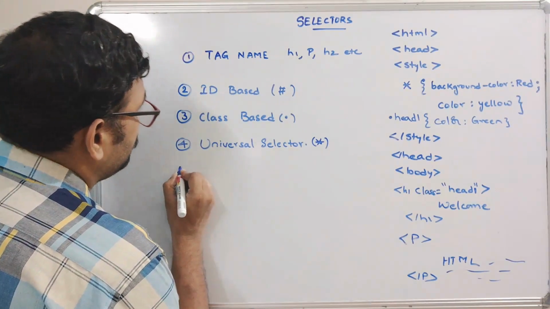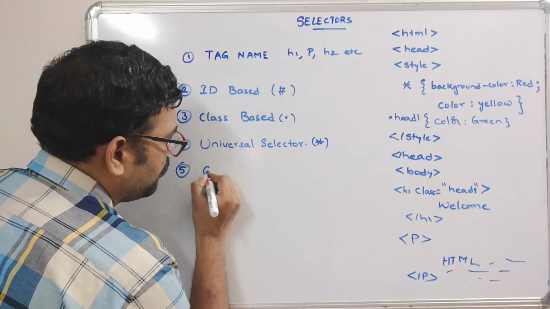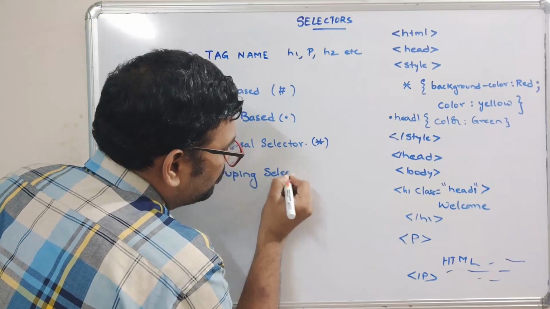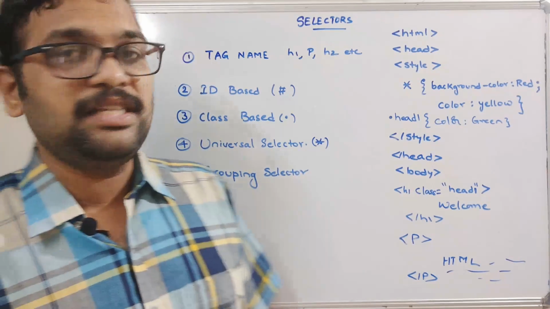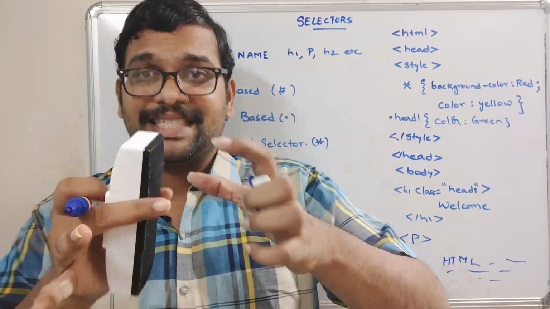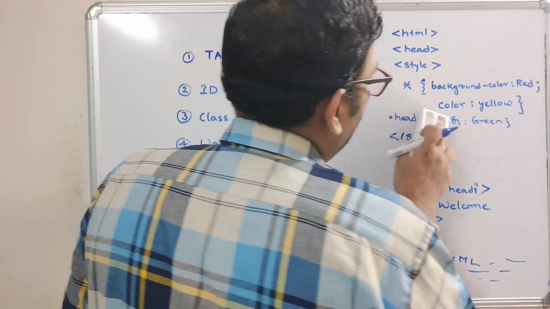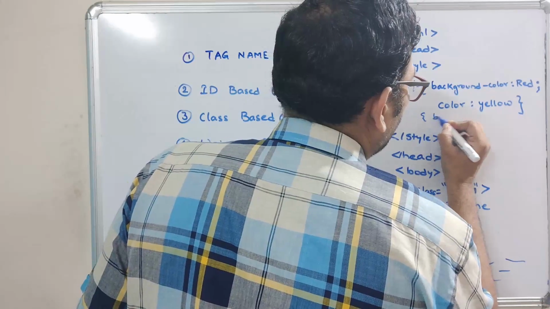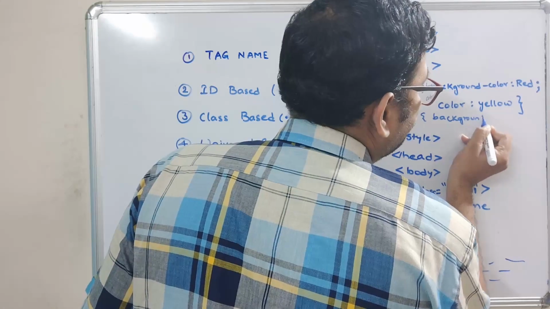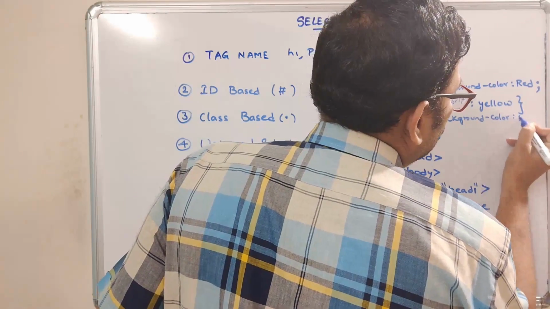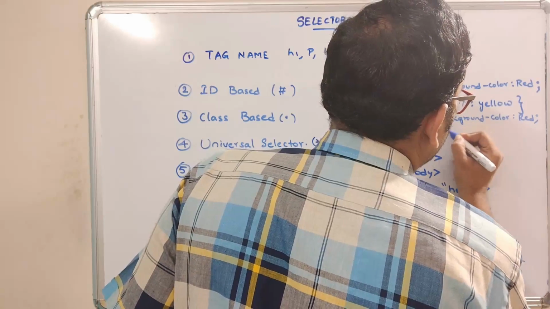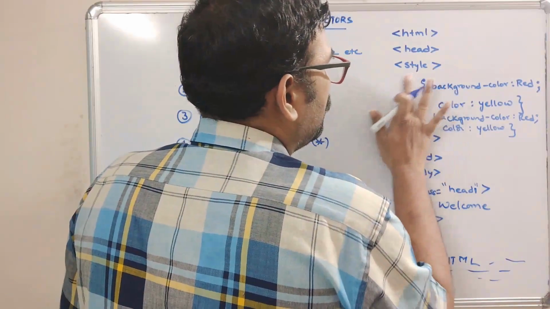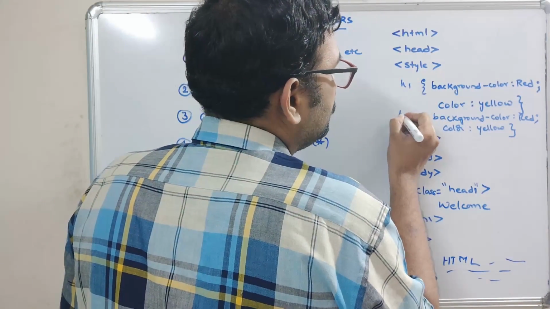And the next one is the grouping selector, the group selector. Group selector means if there is more than one thing, I just want to apply the same style. For example, I just want to give the same background color, applied for H1 and for H2.